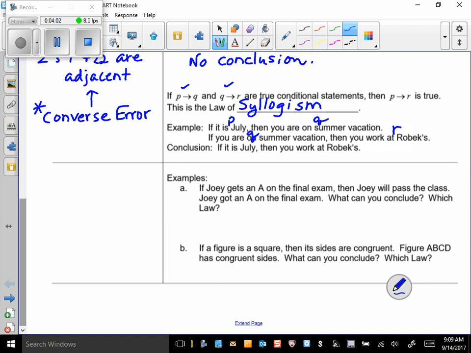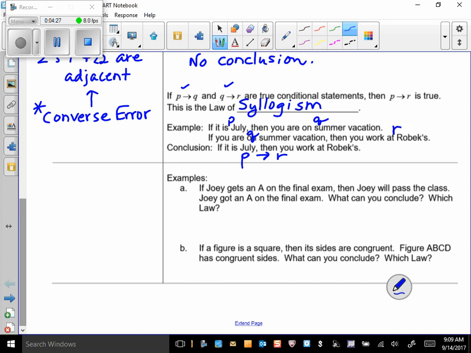So there's R. So we have the situation above described perfectly in an example. If P then Q, if Q then R, then if P then R. That is how the law of syllogism works. It looks a lot like the transitive property, doesn't it? Transitive property from algebra.